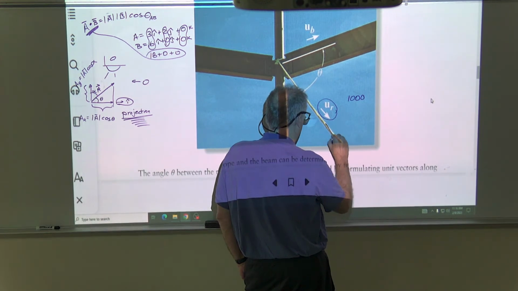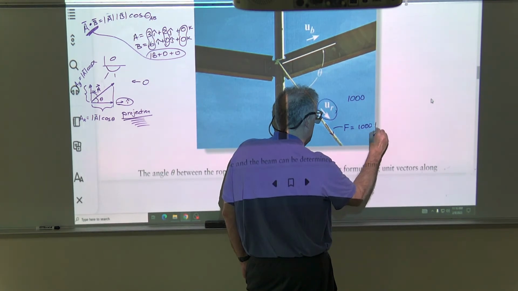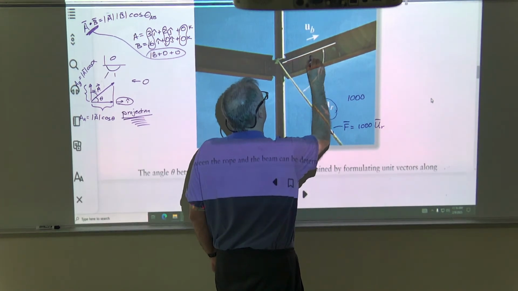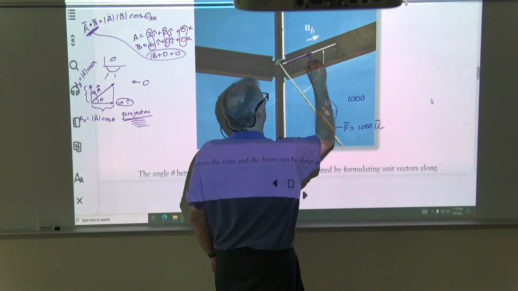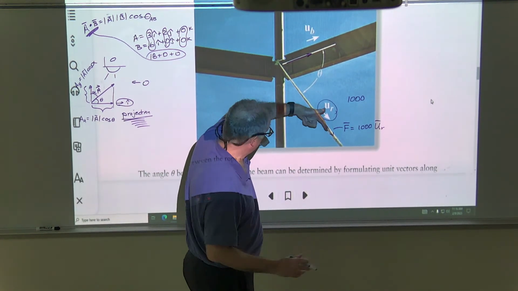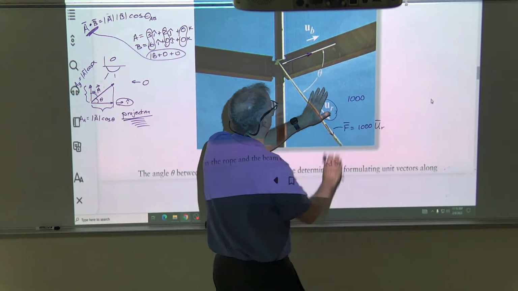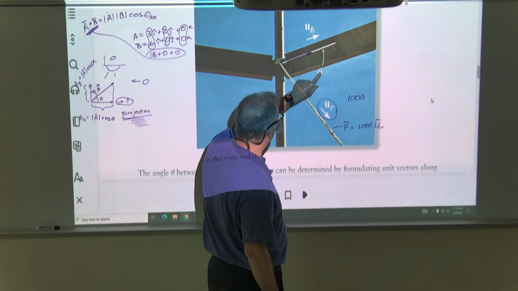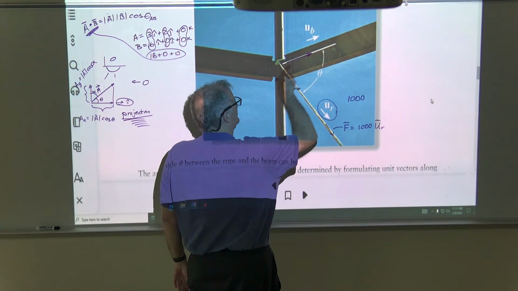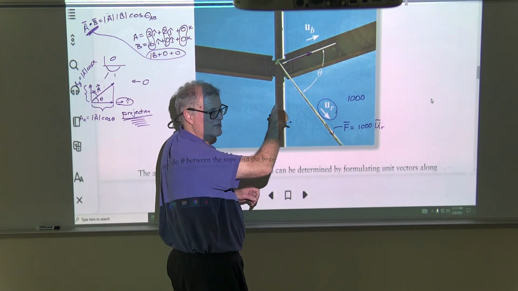So that force vector would be equal to 1,000 pounds times u_R. It would be going in this direction. But maybe you want to know what component of it's running down that way. Whatever way that is. I mean, this could be drawn out into the field, or it could be perpendicular to that. You don't really know, but you do know that angle. So you could do this. I want to know the component of that's going along there. Say maybe these bolts are loose, and you're like, oh crap, I've got to make sure they're not going to fall.